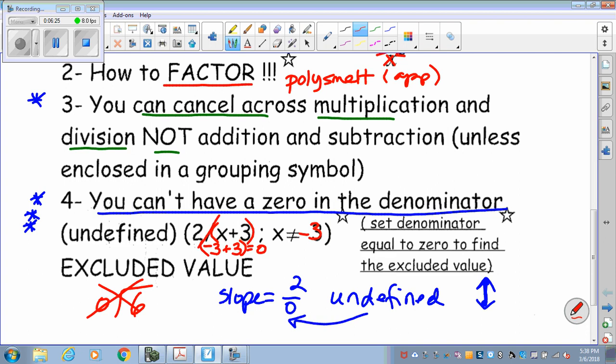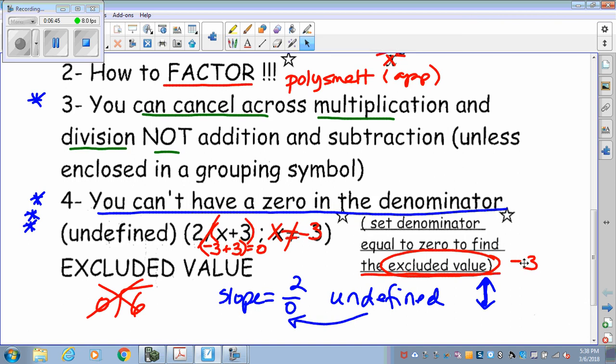That's in my denominator, so that means x cannot equal negative 3, because that would give me a 0 in the denominator, and that's called an excluded value. My negative 3 is excluded. That's a value for x that is impossible.